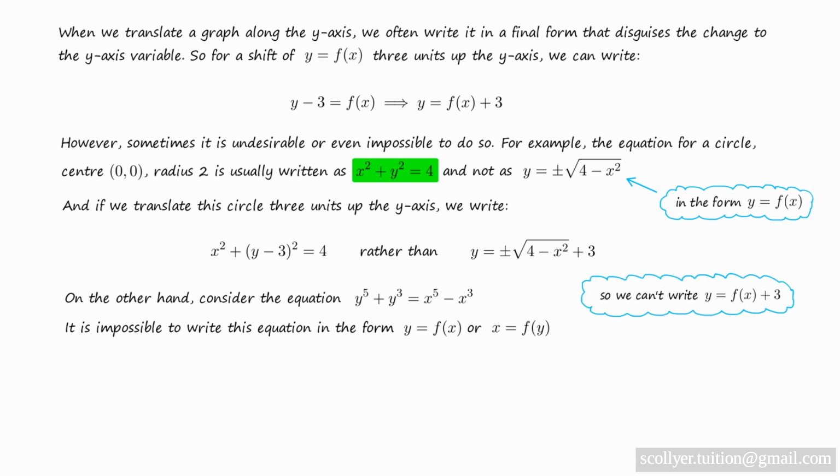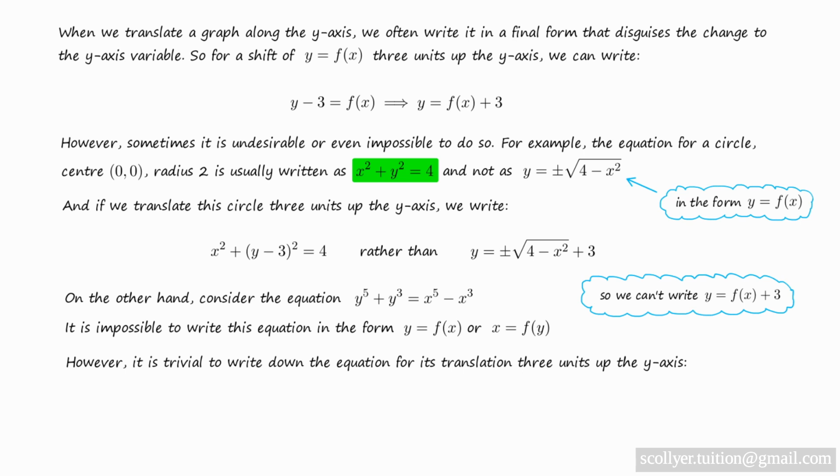Which means that we can't write the translation of this function in the form y equals f of x plus 3. However, in fact, it's trivial to write down the equation for the translation of this function 3 units up the y-axis. It turns out to be y minus 3 to the 5 plus y minus 3 cubed equals x to the 5 minus x cubed, where we have made the transformation y goes to y minus 3.